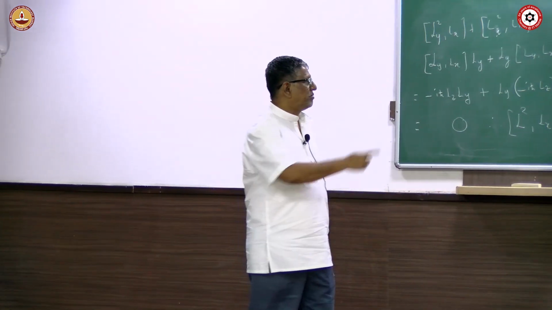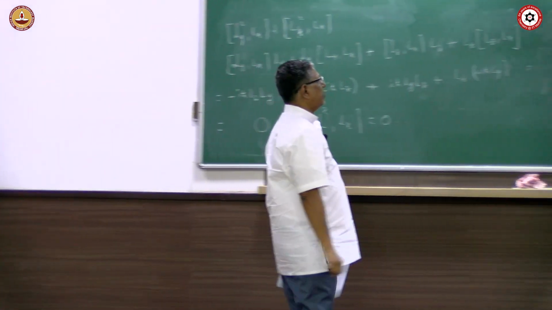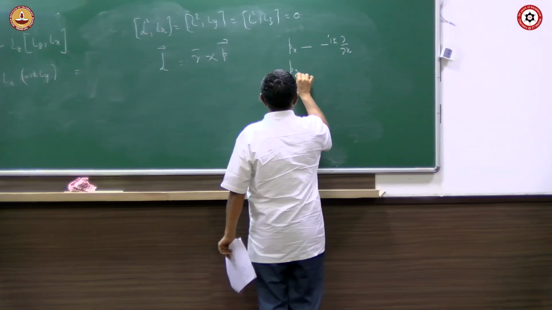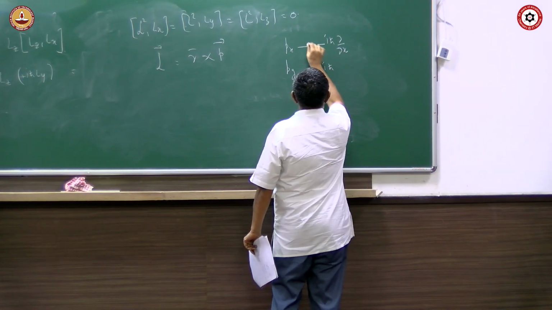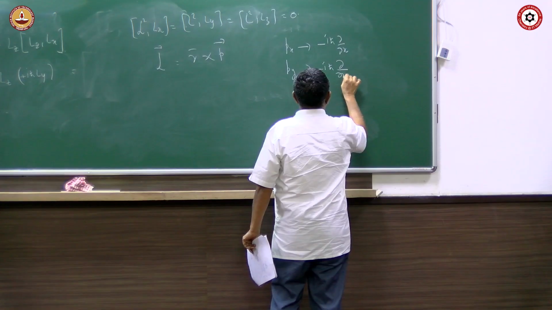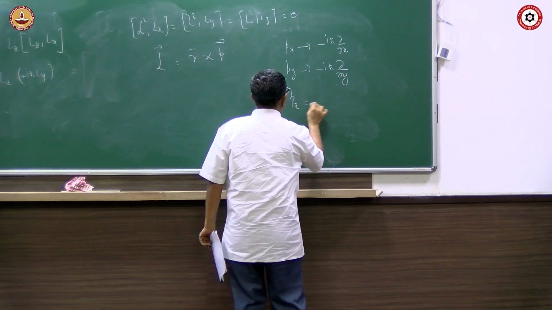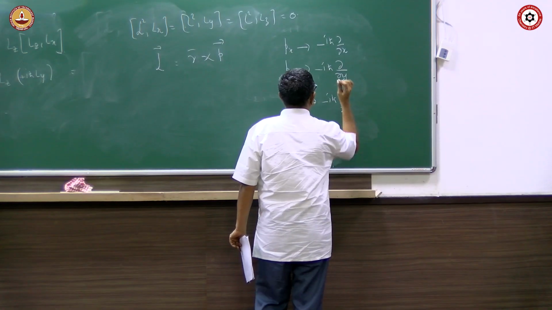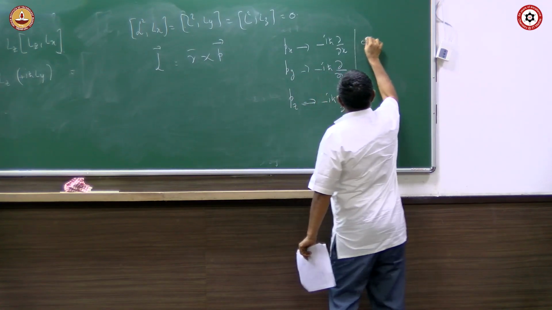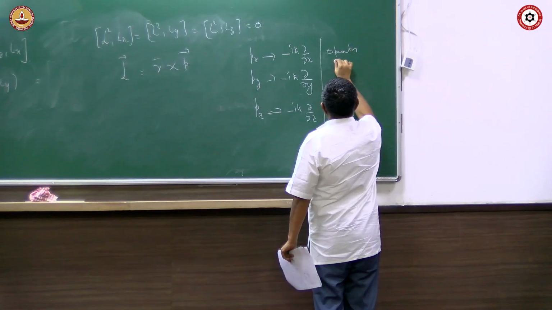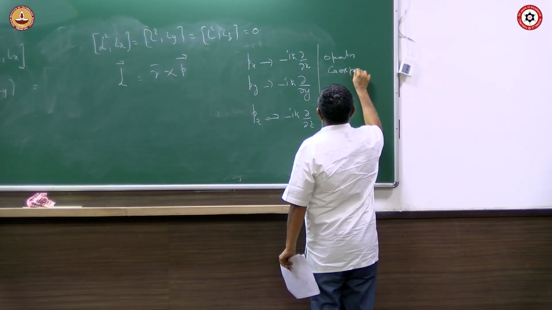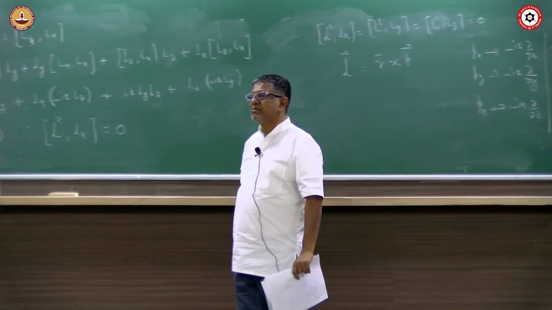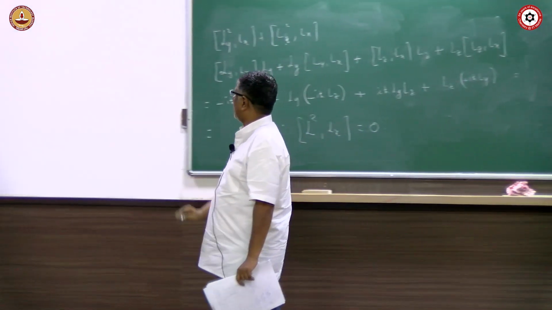Similarly, py is replaced with minus iħ dou by dou y, and pz with minus iħ dou by dou z. Remember this operator correspondence, a very important concept in quantum mechanics. If you want to try any problems, you need this fundamental idea.